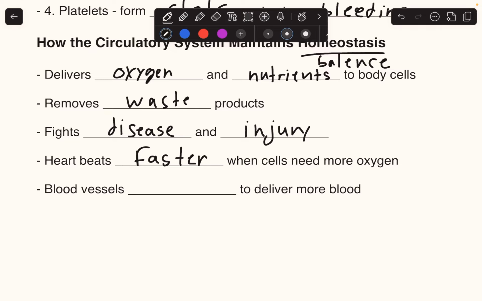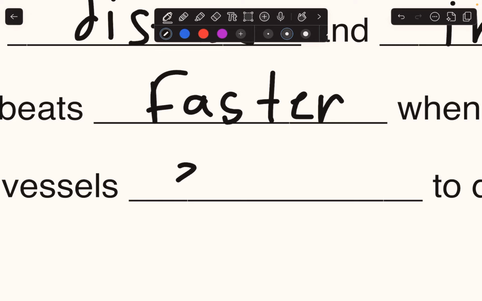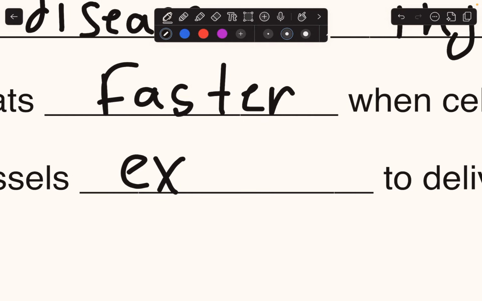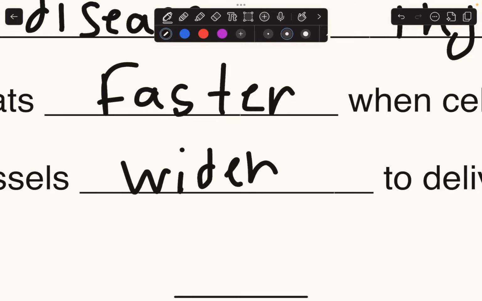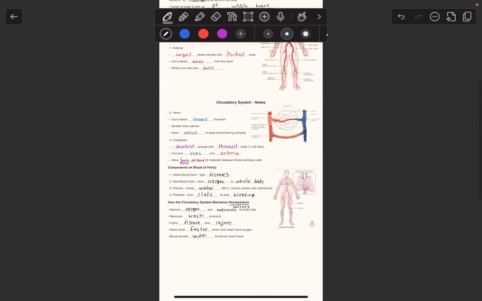Blood vessels, you can put expand, or you can just put widen to deliver more blood.